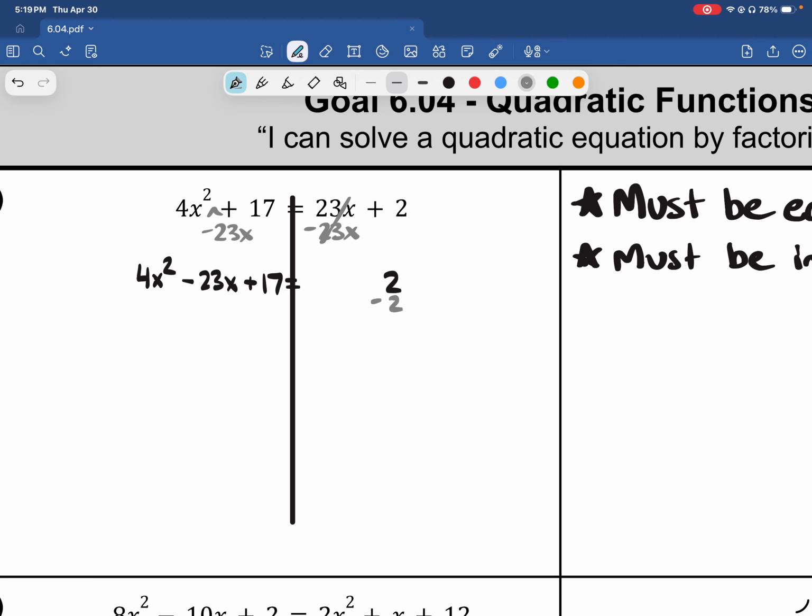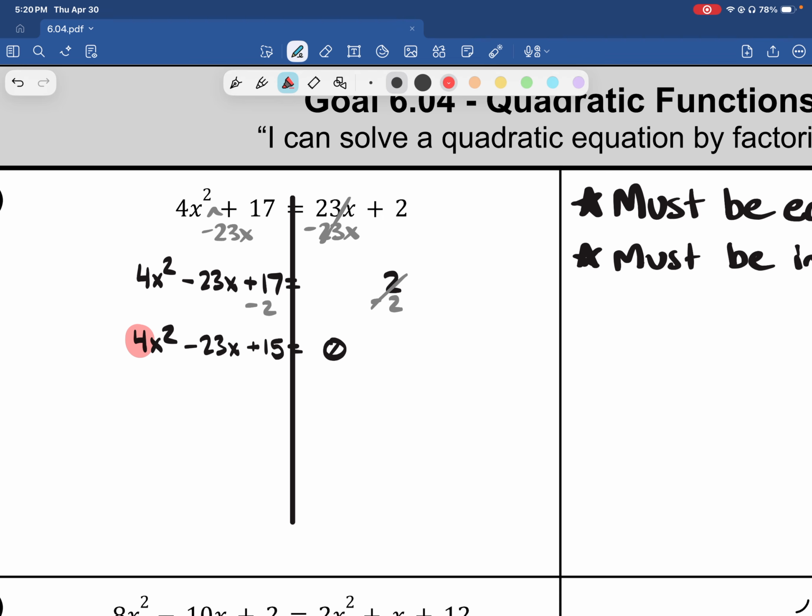Then I'm going to subtract 2. 2 and 17 are like terms, so I'm going to subtract 2 from 17. 17 minus 2 is 15, and that canceled everything out on the right side, so it equals 0.